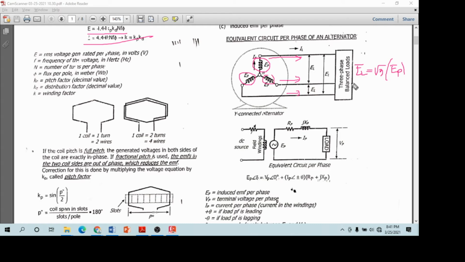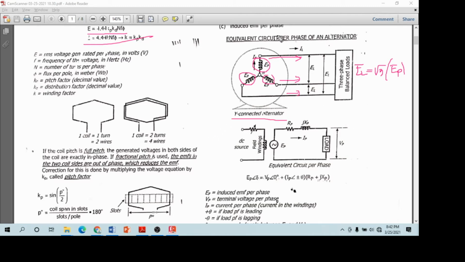If you are asked to find the line-to-line voltage of the Y-connected alternator, given the third harmonic phase, the Kp, the Kd, the frequency, and the flux per pole, you can solve for the induced EMF per phase. That is not the line-to-line but per phase, so you need to multiply it by the square root of 3 to get the line-to-line voltage. That is the Y-connected alternator.